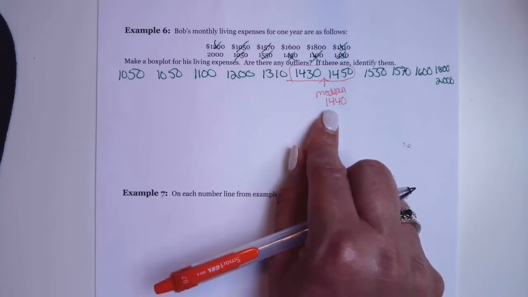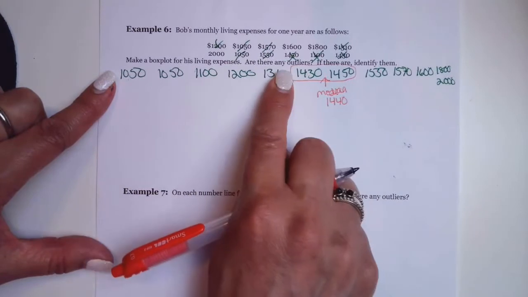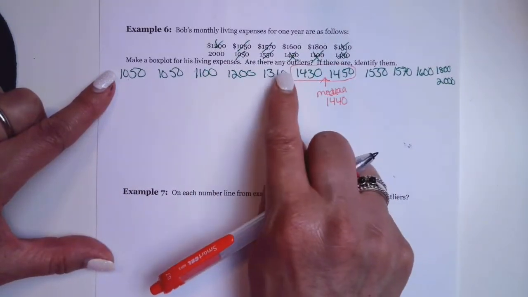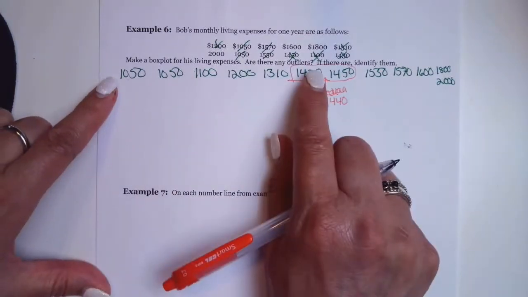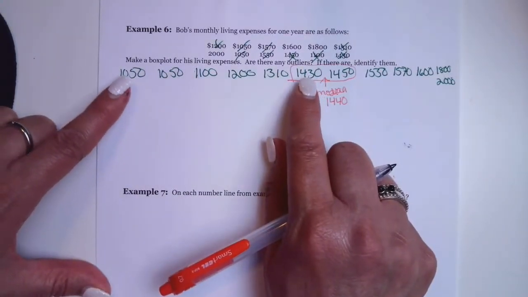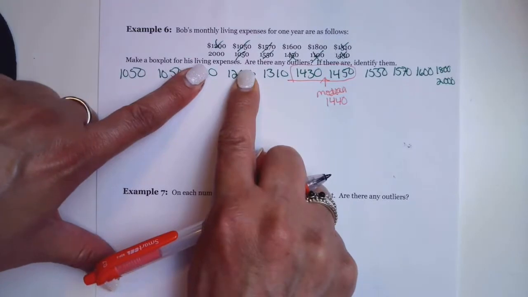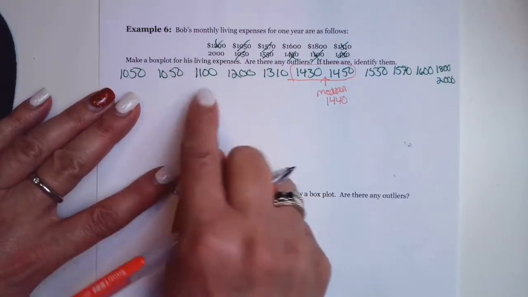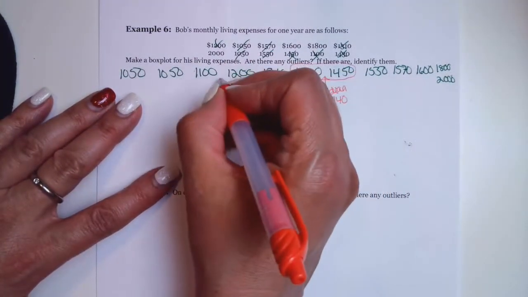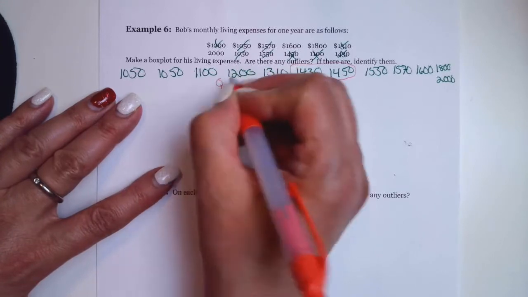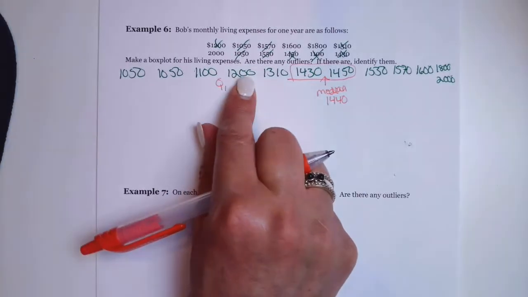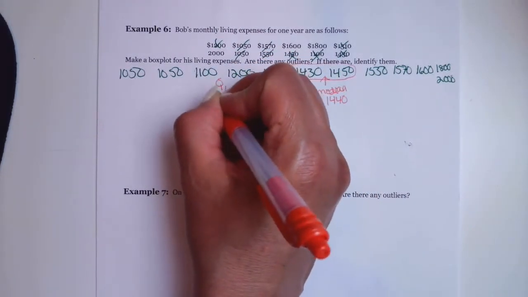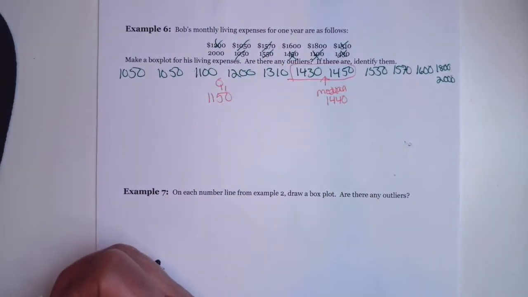Next, we're going to look at the first quartile. We have 6 numbers here. So the same thing here. We're going to look at these two. So quartile 1 is in between. And since it's 1,100 and 1,200, the number in between is 1,150.